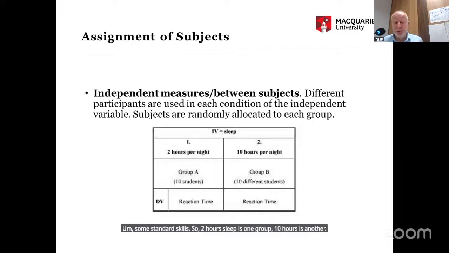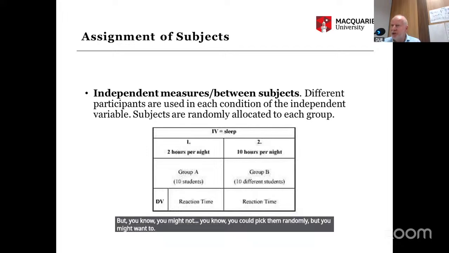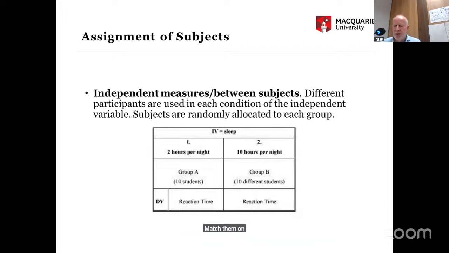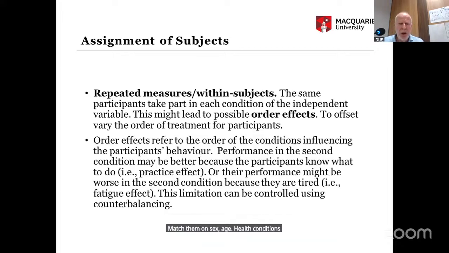So you could use 10 students to do the 2 hour sleep and a different 10 students to do the 10 hour sleep. You could pick them randomly, but you might want to match them on sex, age, health conditions. You could do the same students 2 hour sleep, then 10 hour sleep.